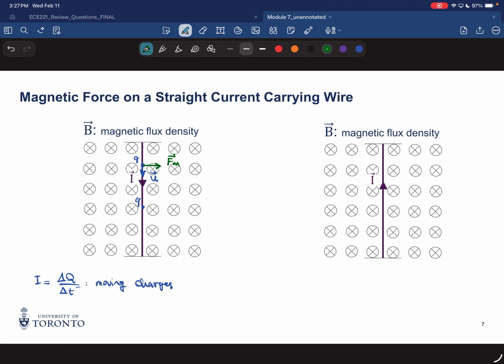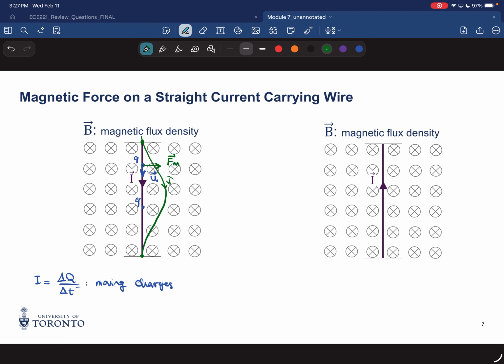Yes, because it can't move at these points, but the force is going to try to make it like this. Or maybe more practical is the wire is going to look like this. If you have a wire hanging in the magnetic field, it starts moving in that direction. It never looks straight.